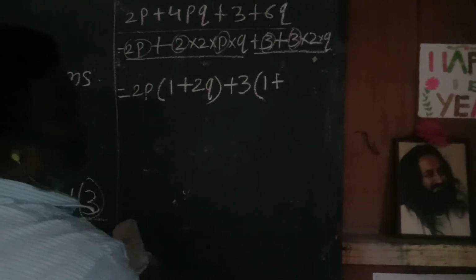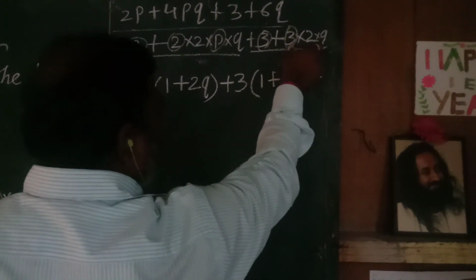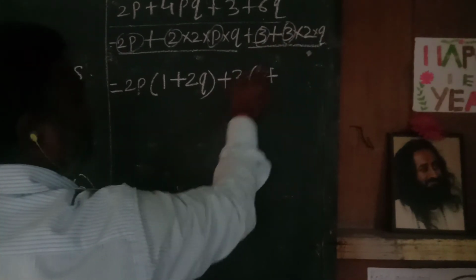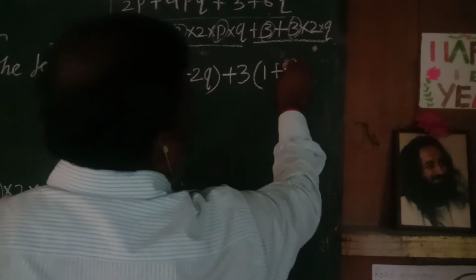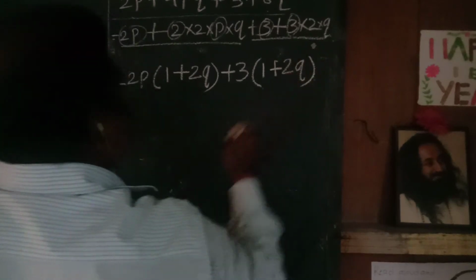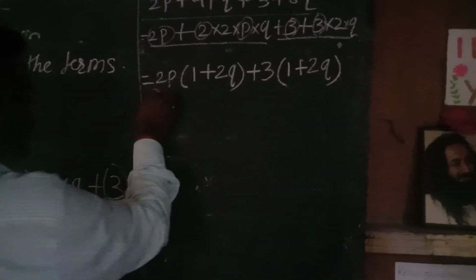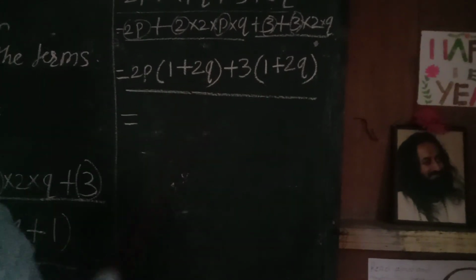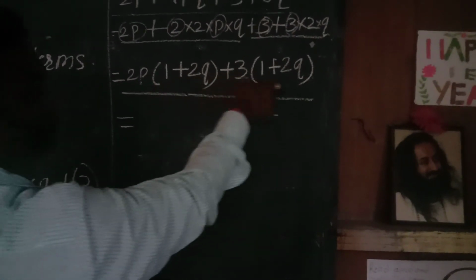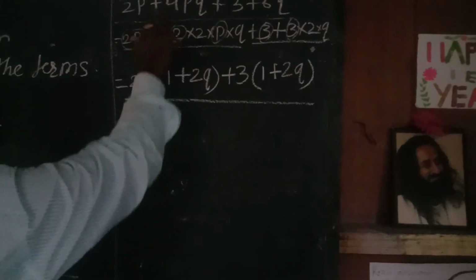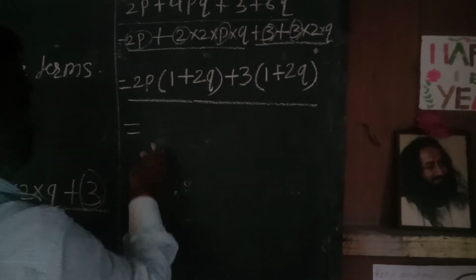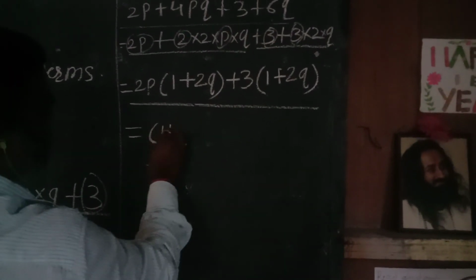Now, from this term, we remove only 3. The balance is 2. We put 2 as is. Now, in this expression, we are having the bracket common, that is 1 plus 2q. Same method we have to follow as in the first step. You have to take common 1 plus 2q.